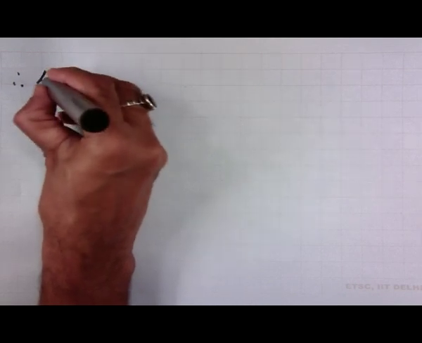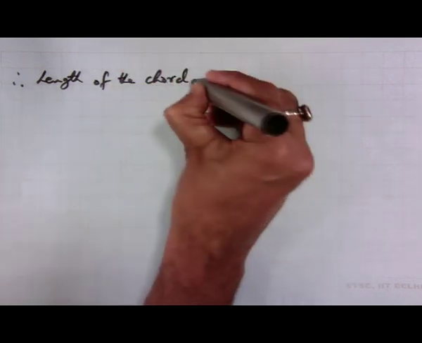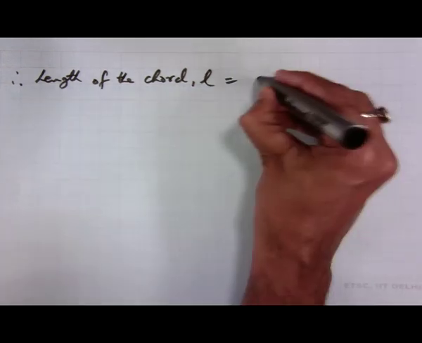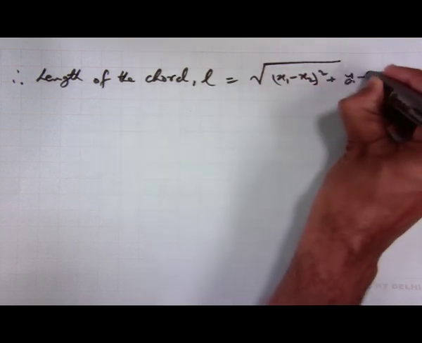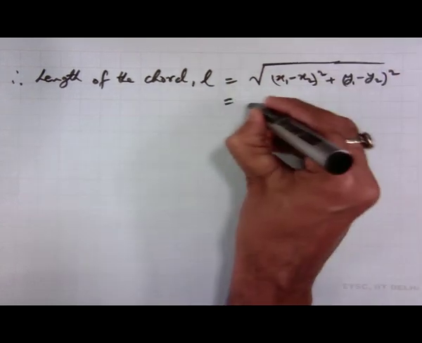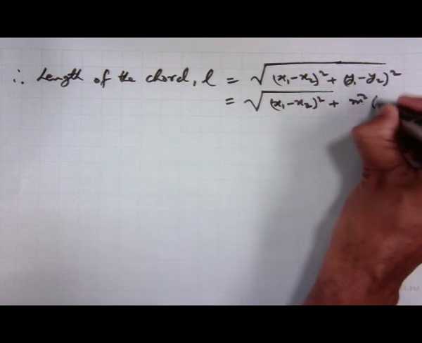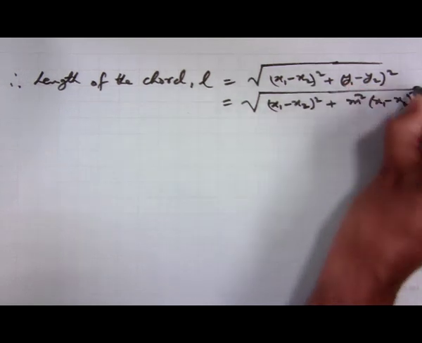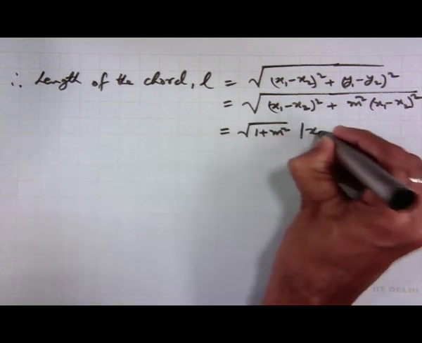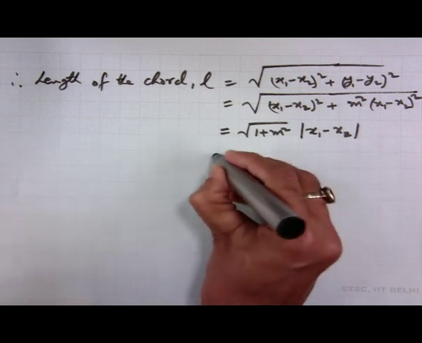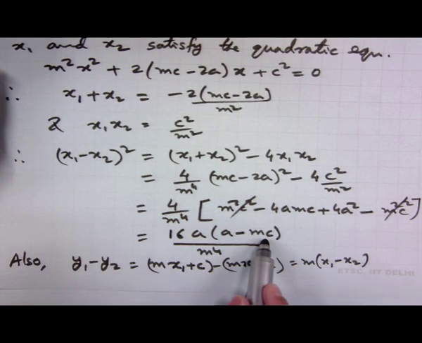the length of the chord in terms of m and c is given by square root of x 1 minus x 2 square plus y 1 minus y 2 square, which is equal to square root of x 1 minus x 2 square plus m square x 1 minus x 2 square, which is equal to square root of 1 plus m square times mod x 1 minus x 2, and we have got x 1 minus x 2 square is 16 a times a minus m c by m to the 4.